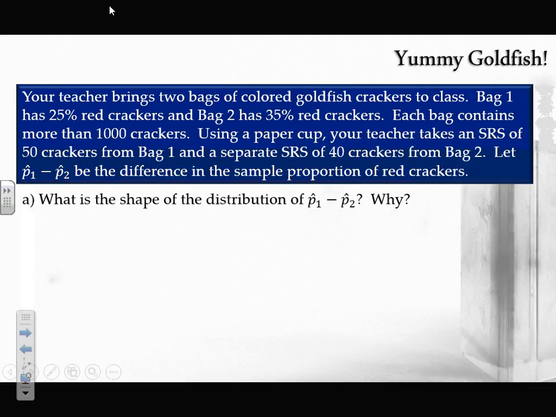So if I want to find the shape of my distribution, what condition do I need to check? The large counts. So I need to take N1 times P1. So what is N1?